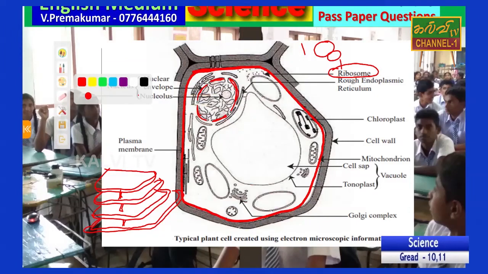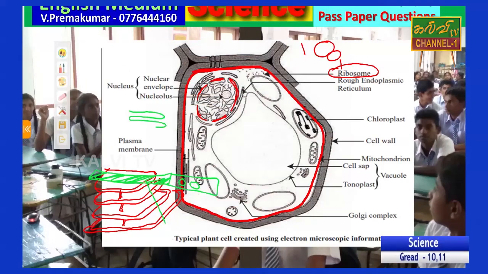Say when we cut the ER, what happened? It will cut like this. So we can see there are shapes like these.